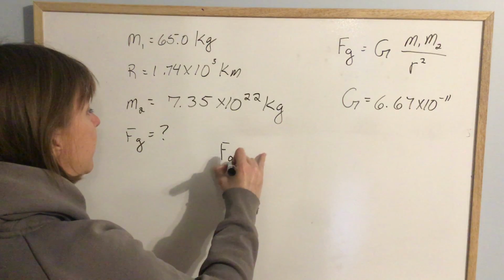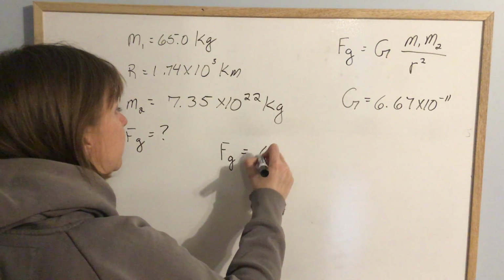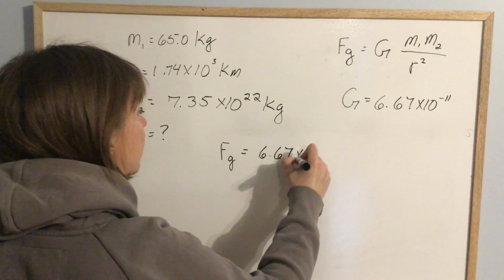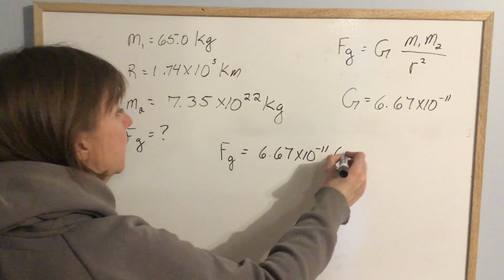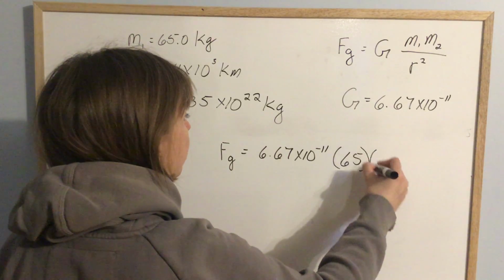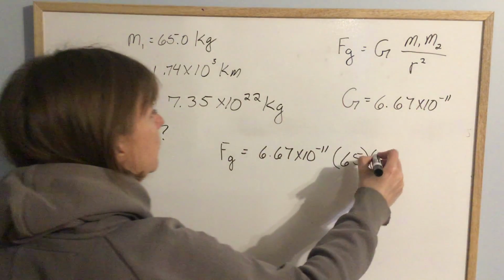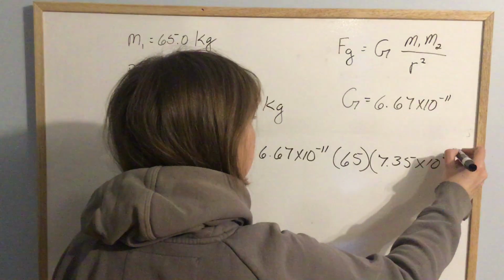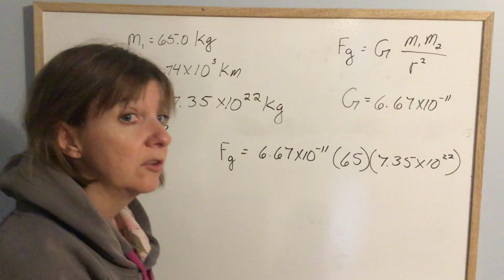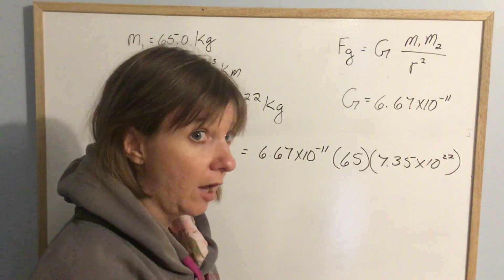So force of gravity is G, which is 6.67 times 10 to the negative 11, times mass 1, which is 65, times mass 2, which is 7.35 times 10 to the 22nd. You really need to know how to deal with scientific notation on your calculator.